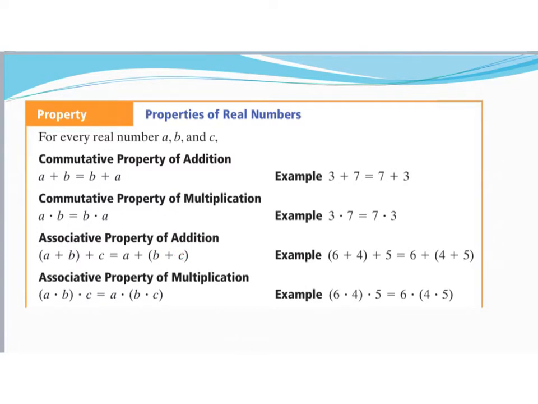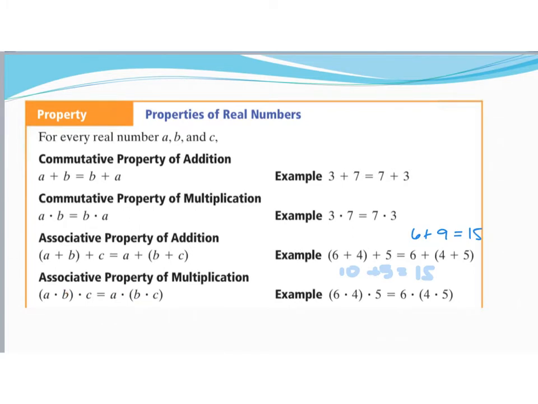So how this would work is, if I look at the numerical example here, I can say 6 plus 4, which is 10, plus 5 is 15. So I have 10 plus 5 equals 15. But if I look at the top side of that, then I would say I could take 6 plus the sum of 4 plus 5, which is 9, and this is still going to give me 15.